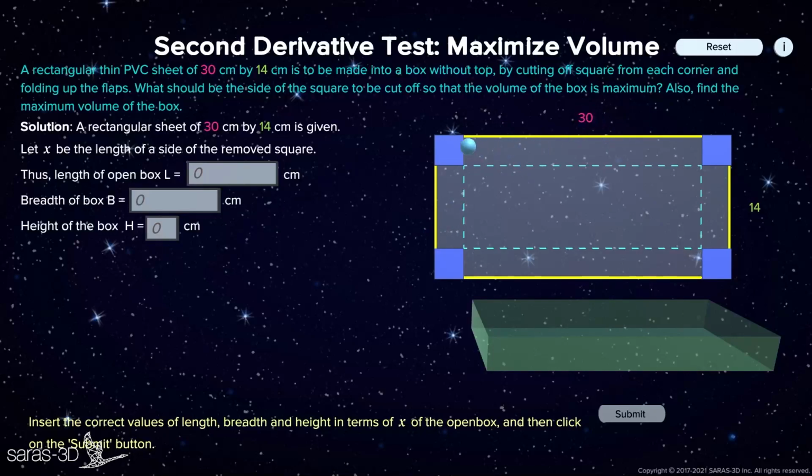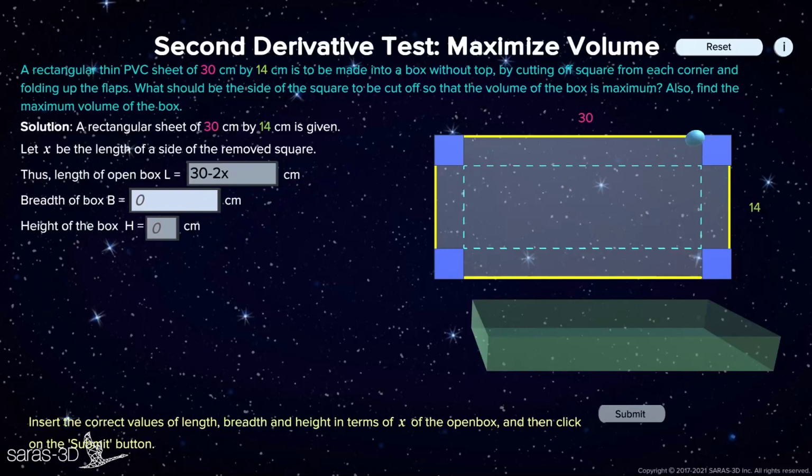Now from this 30, we are removing this much length and this much of length, correct? And the measurement of side of each square is x, right? That is what we have supposed here, correct? So that means we are removing x and another x from this 30. So this will be 30 minus 2x, correct?